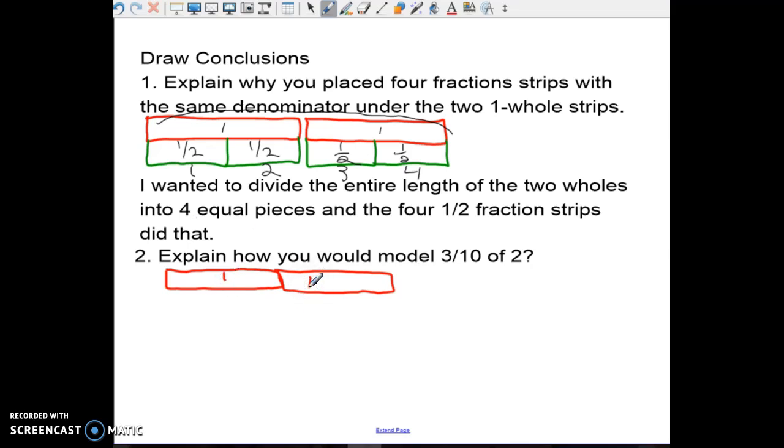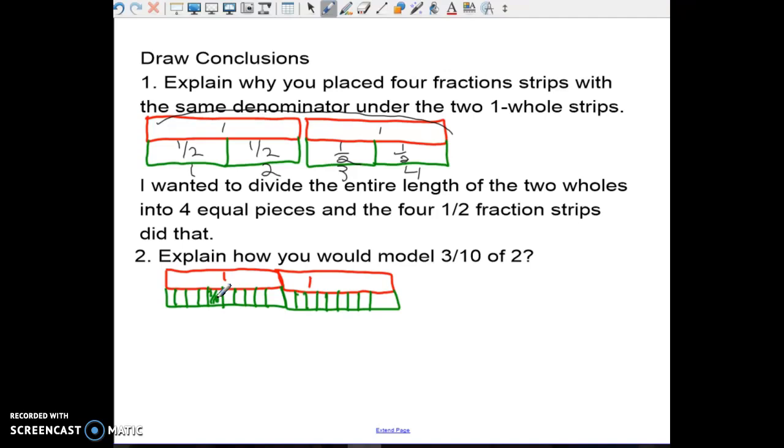And then because we want to do tenths, we would put as many tenths as we'd have to, 10 tenths, under here. Let me get that one even, but these then would be 1/10, all of them.